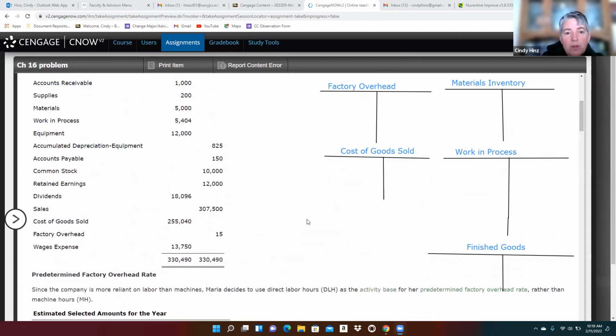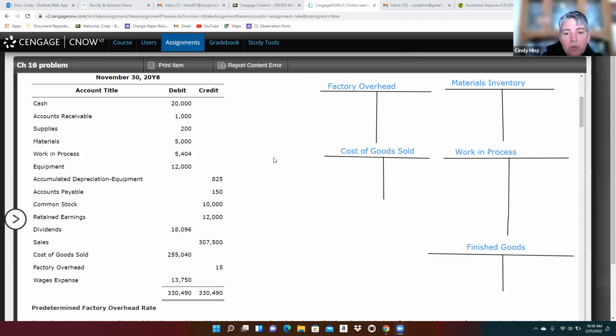And I'm going to scroll back up here to the trial balance. Remember, we had some activity already throughout the year from January to November. And so I'm just going to enter what we have already for our opening balances here. So the materials account had $5,000 already in there.